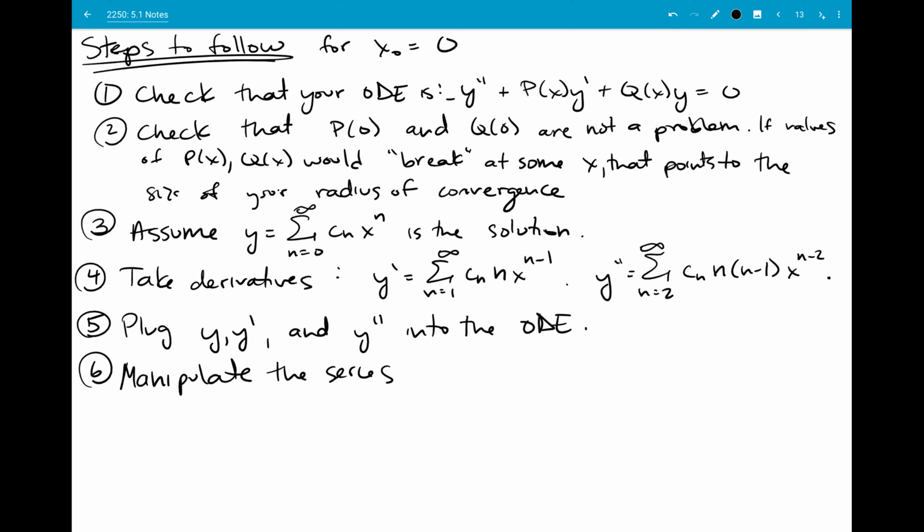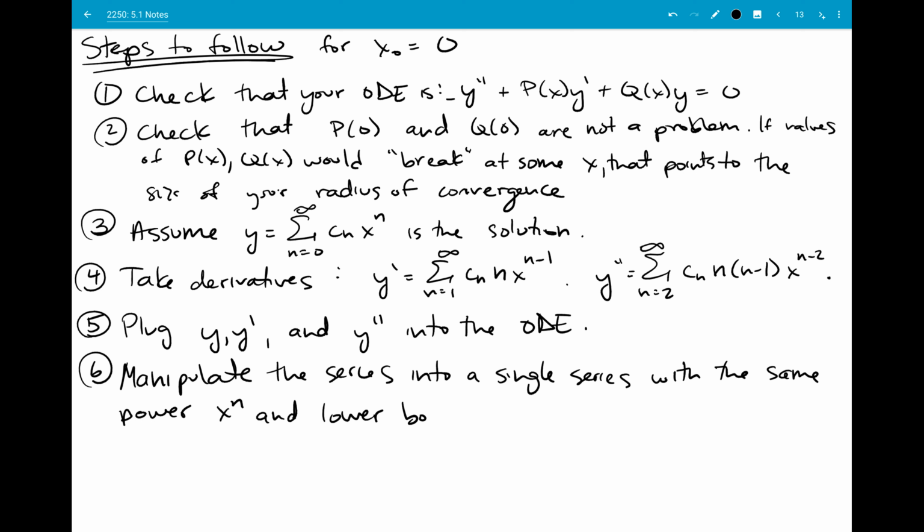And then you're going to manipulate the series, that's that process we talked about last class, into a single series with the same power x to the n and lower bound n equals k. So for example, that's going to look like n equals 1 or n equals 2.